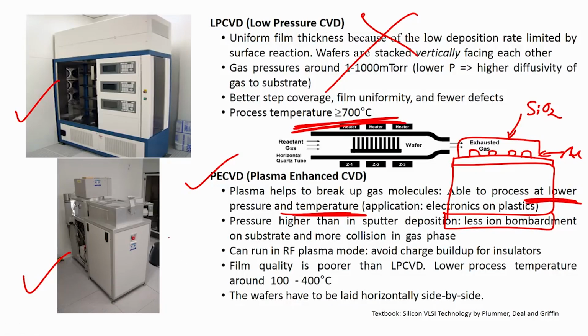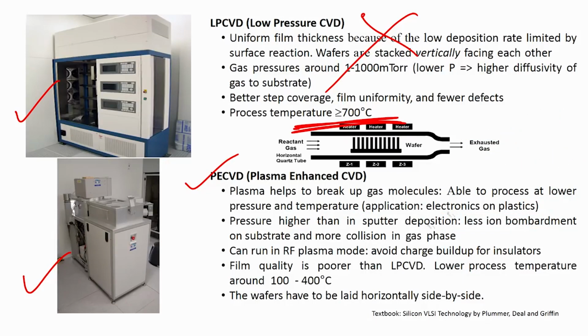How low? We can deposit the film at 100 degree centigrade, even less than 100 degree centigrade. So PECVD comes to the rescue when you want electronics on plastics.